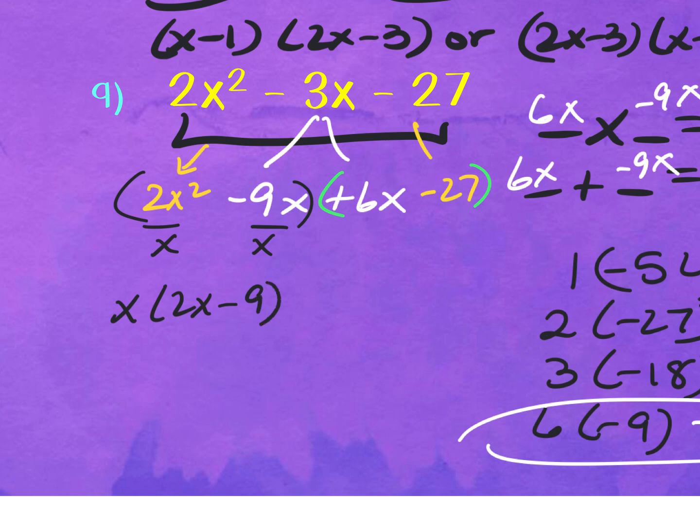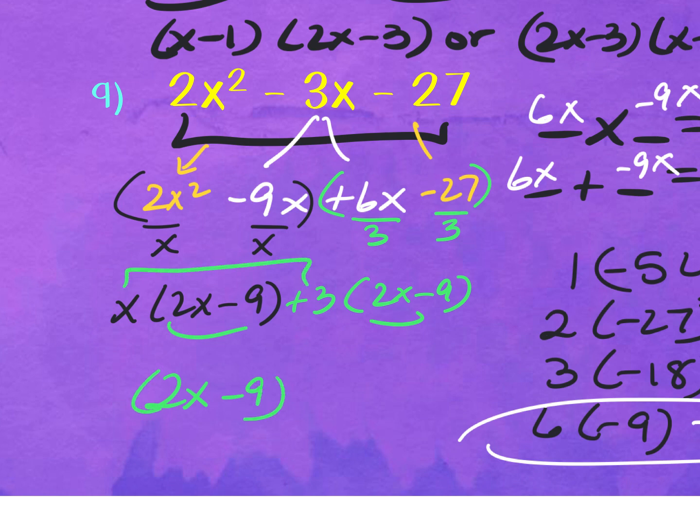And then here, my GCF of green is going to be 3. So then +3, and you get the 2x minus 9 that you need. So take this, write it down, and then take the two GCFs. And you're done. And again, I highly recommend that you FOIL to check. It will save your answers, especially if you've placed the sign in the wrong spot.